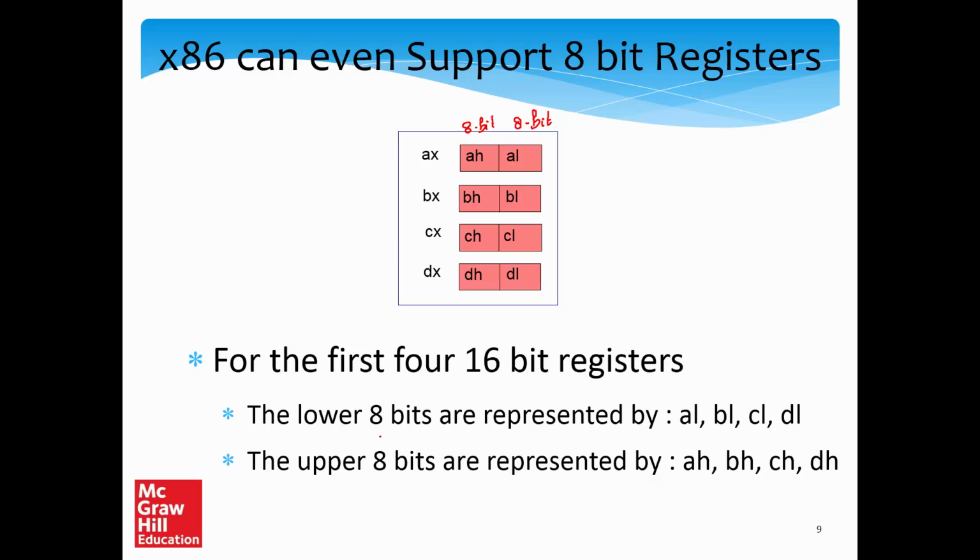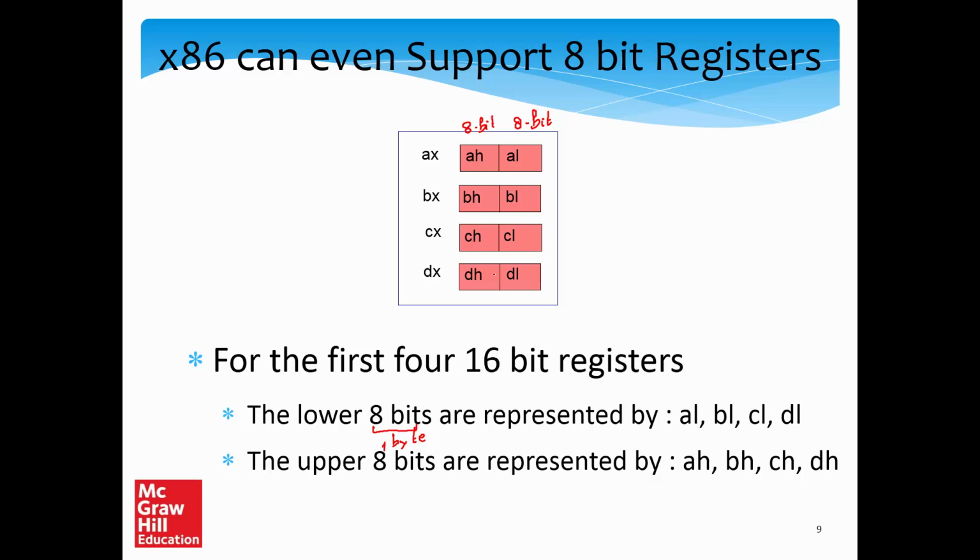Here the lower 8 bits, or the lower 1 byte, is represented by AL, BL, CL and DL, L for lower. Similarly, the upper 8 bits, or byte, is represented by AH, BH, CH and DH. So the idea is the same.